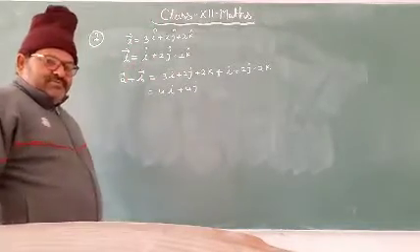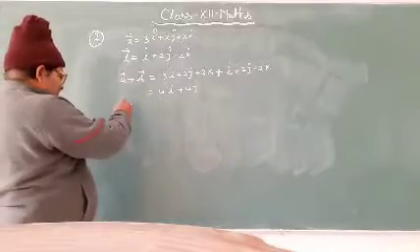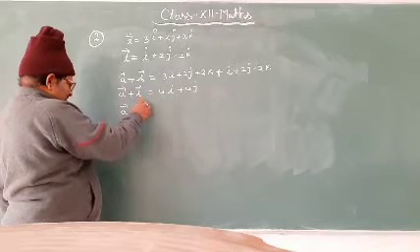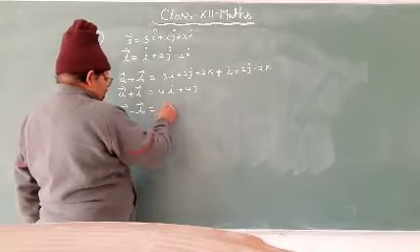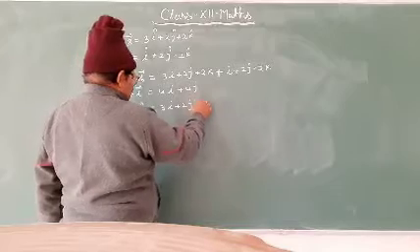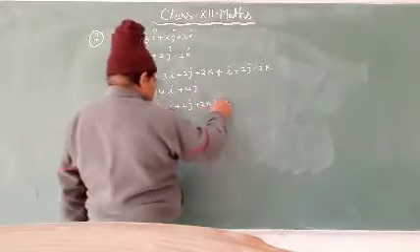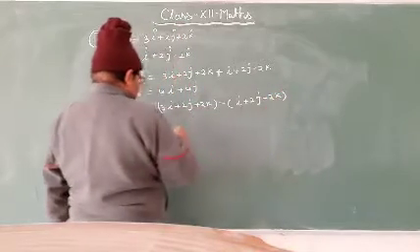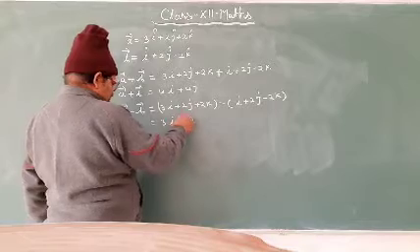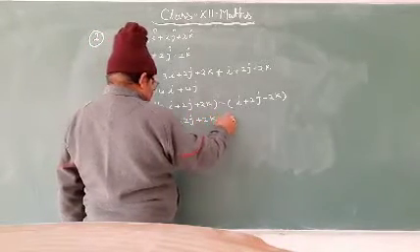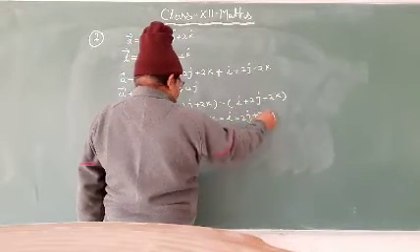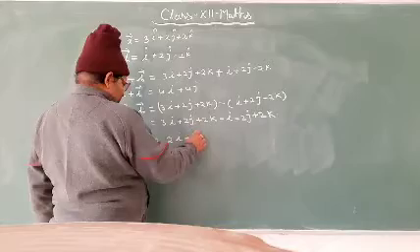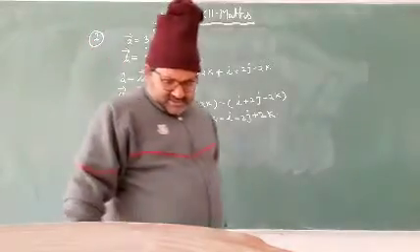This is the value of vector A plus vector B. And vector A minus vector B is equal to 3i plus 2j plus 2k minus i minus 2j plus 2k, which is equal to 2i plus 4k.